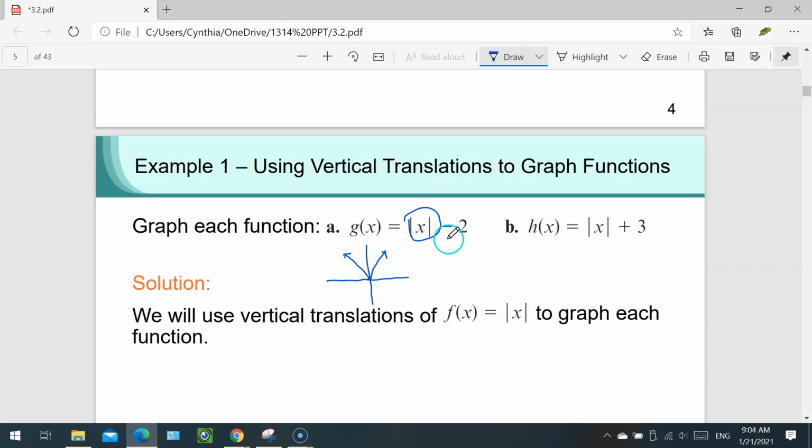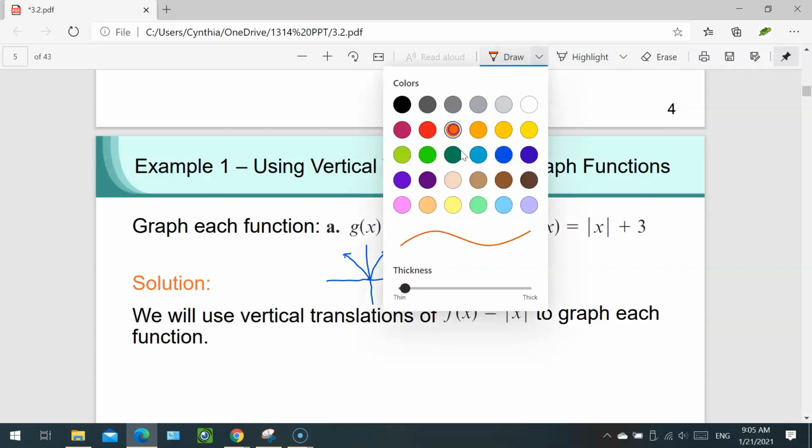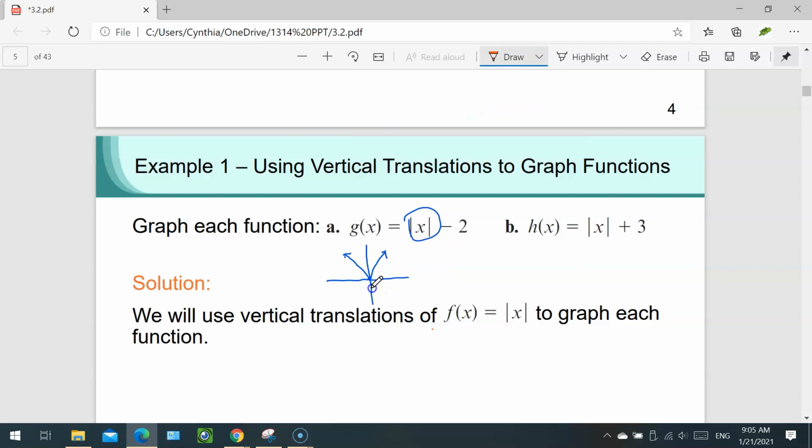Now, outside the function there is a minus 2, that means the graph will shift down 2 units on the y-axis. So the new V shape will pass through 0, negative 2. And the shape itself is identical to the parent function.